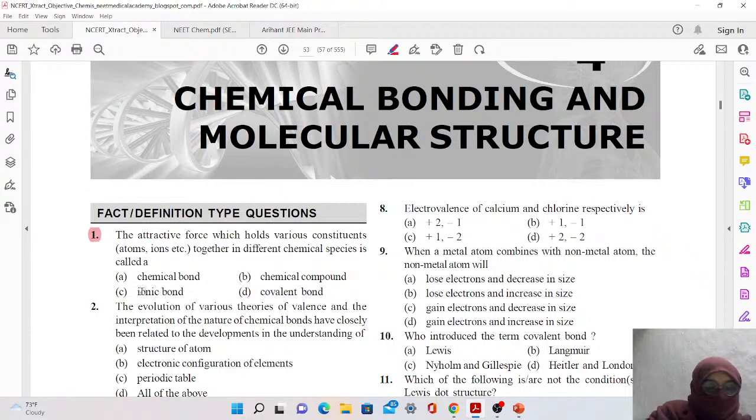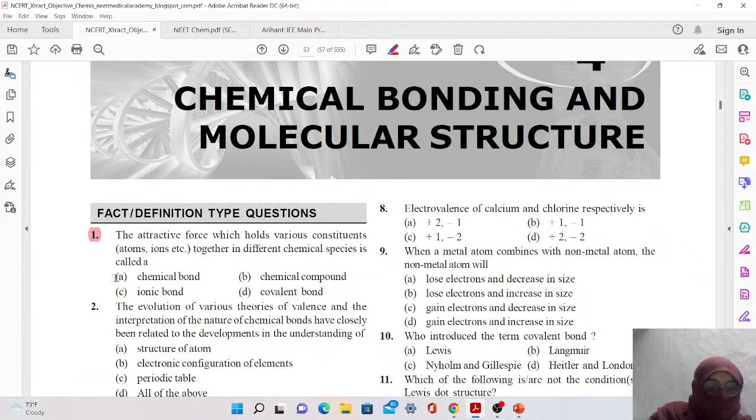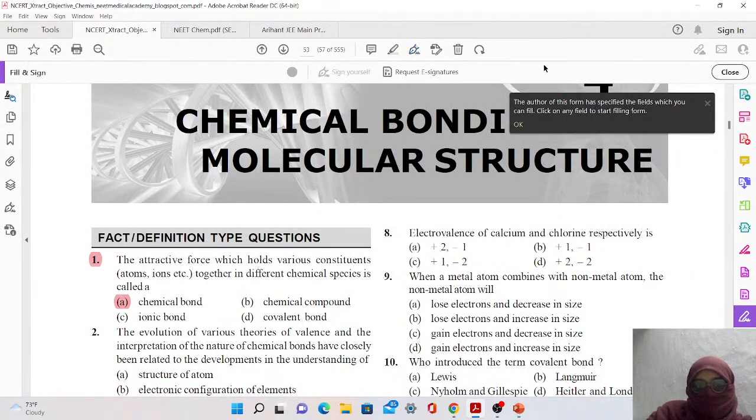To be called an ionic bond, we should have a definition that the bond is formed by transfer of electrons. Covalent bond is for sharing of electrons. Chemical compounds are not the answer, because they are talking about force. So the answer is A, that is chemical bond, right?